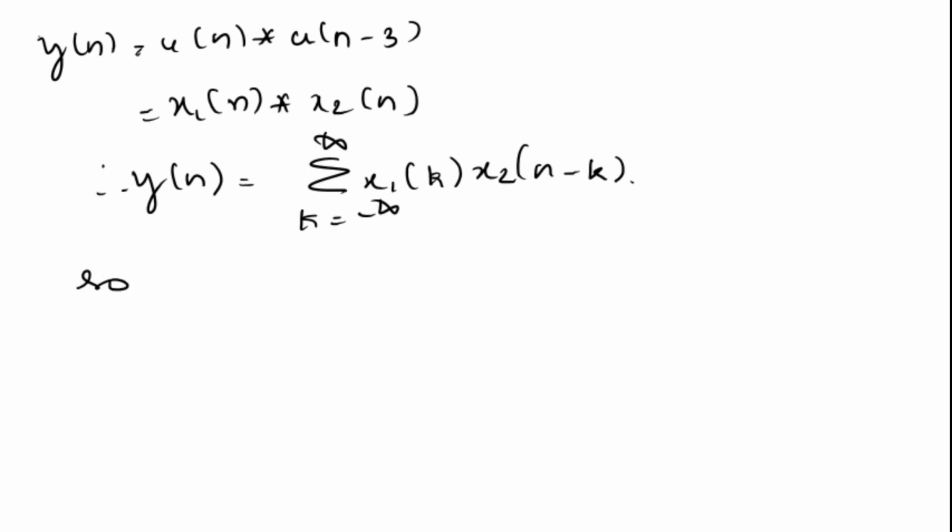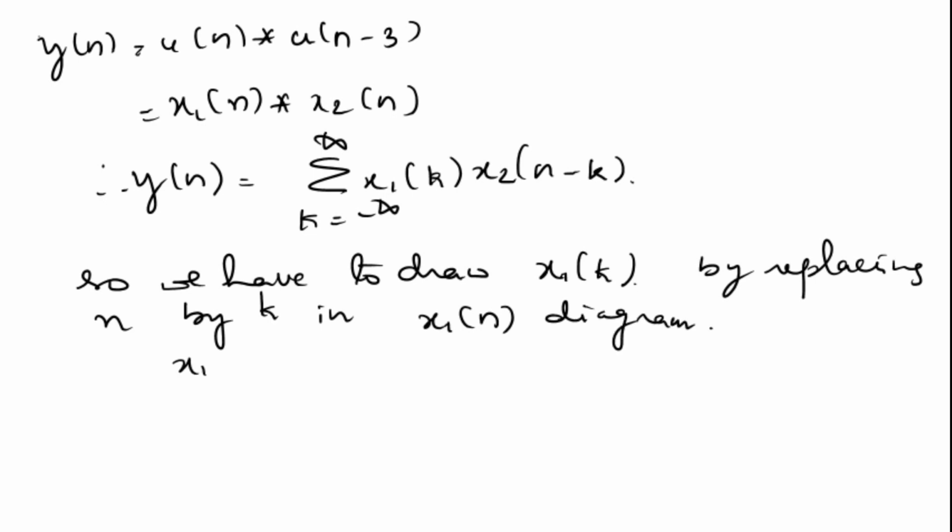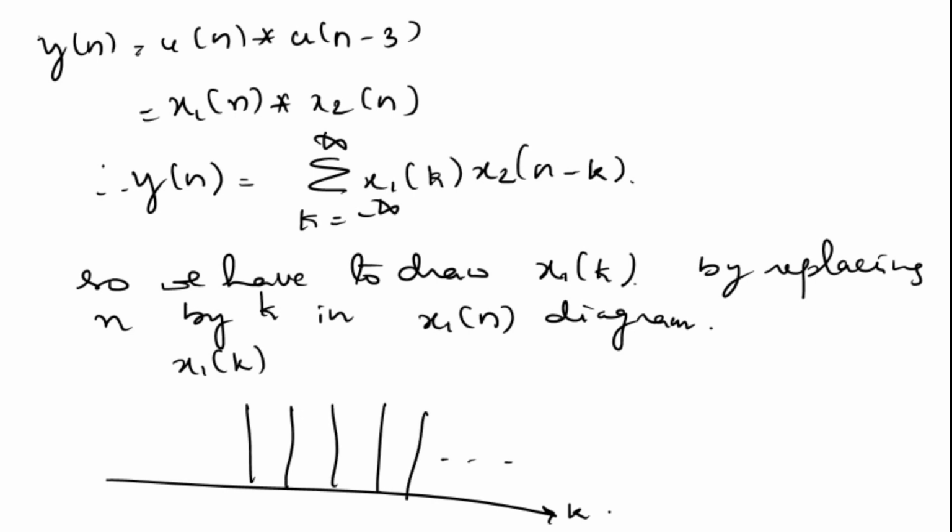So we have to draw x1 of k by replacing n by k in x1 of n diagram, that is x1 of k is equal to 0, 1, 2, 3, 4, so on.